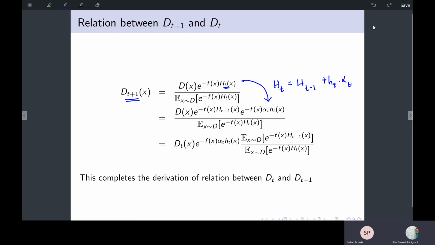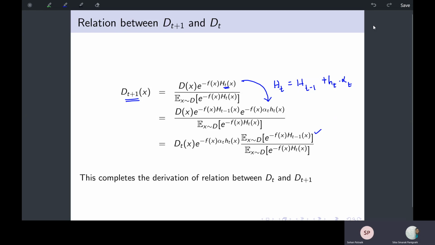So the exponential function can be split into two multiplication terms, that is e to the power minus f(x) H(t-1)(x) into e to the power minus f(x) alpha t h_t(x). Now let us divide and multiply by the expectation of e to the power minus f(x) H(t-1)(x).